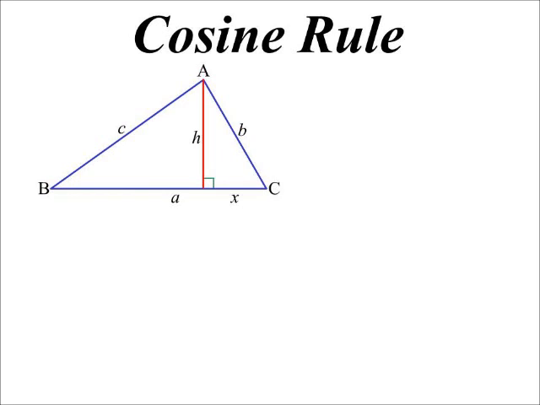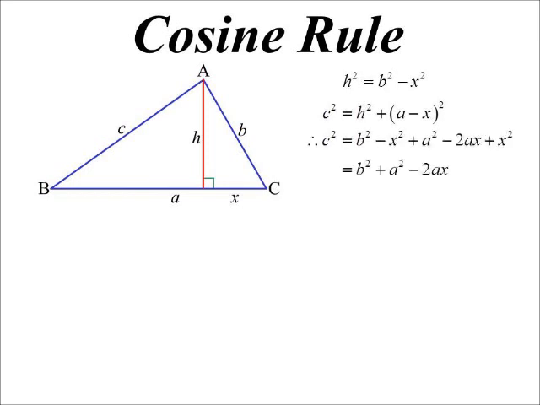Now, using Pythagoras, I know h squared would be b squared minus x squared, using the right-hand side. On the left-hand side, c squared will equal h squared. A here, by the way, is the whole of BC, of course. So the side I want is a minus x all squared.